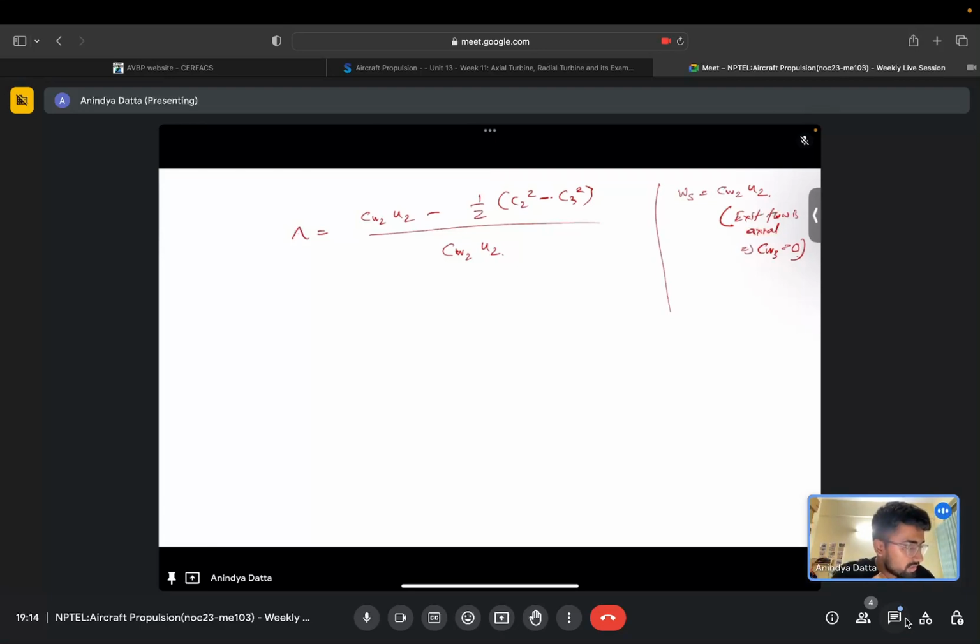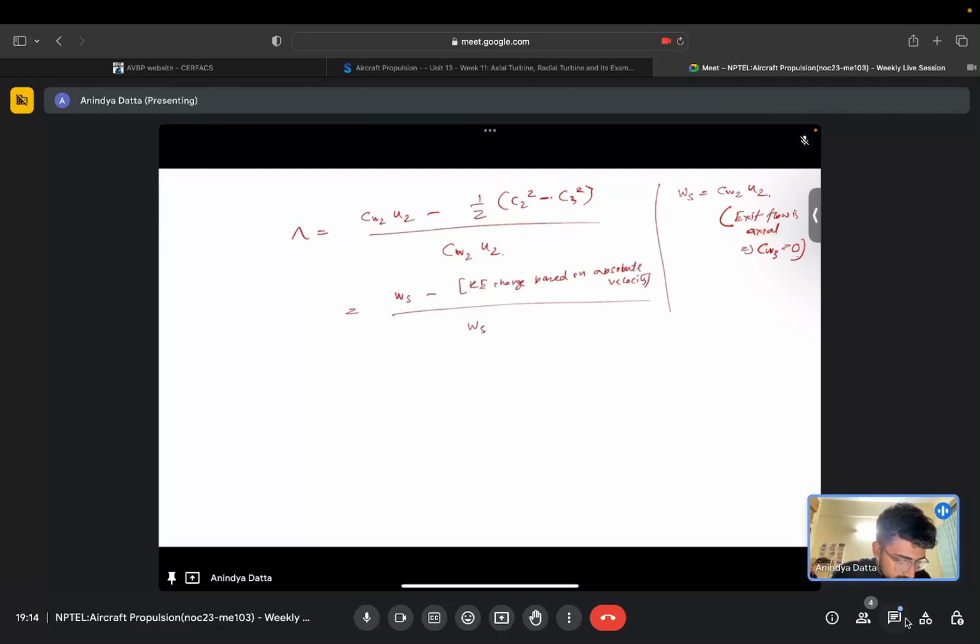Okay, so this is our work done, and this is our kinetic energy change based on absolute velocity, and this is again your work done.